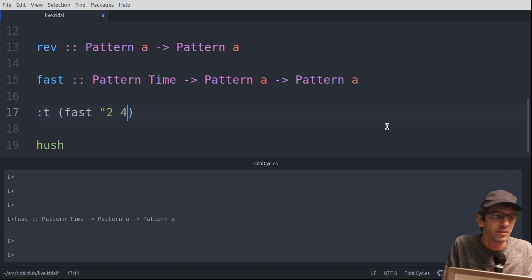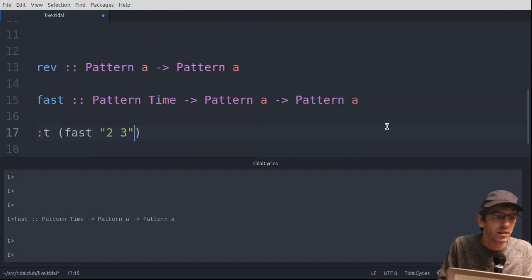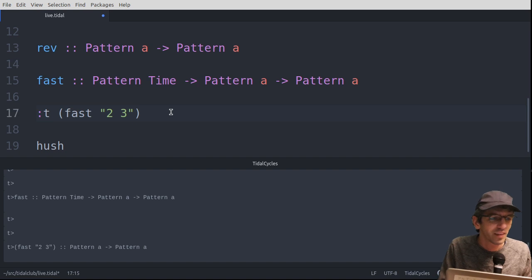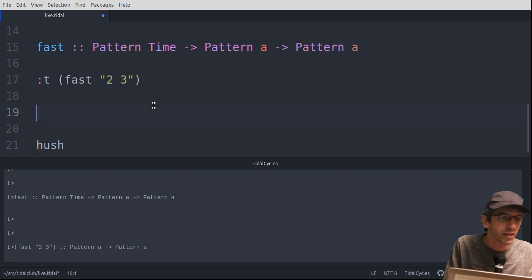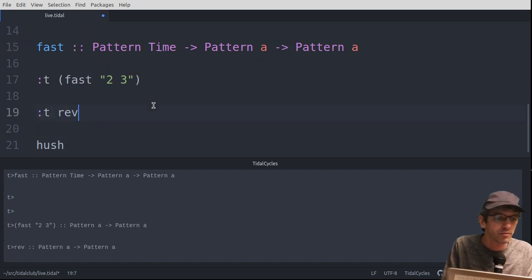We could do the same just to save confusion as we did here. So I've only given fast one input, and so it's given me its output, which is a function from patterns to patterns. And that's interesting because that's the same type as rev. So rev has the same type as fast 2-3.